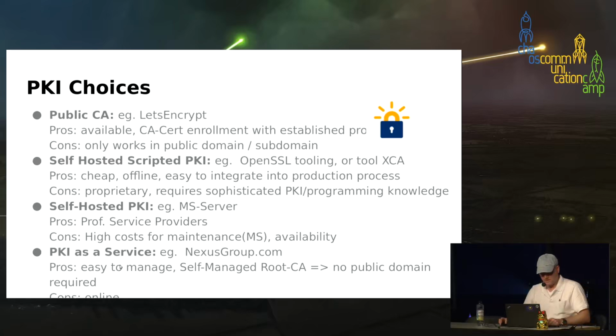What's interesting is something I came across recently: PKI as a service, offered by the Nexus Group. I'm not sure they offer it publicly yet, but I think it's a good in-between. You outsource the management of the PKI, but you have full control of your PKI and can do whatever you want and issue certificates for any region you want.